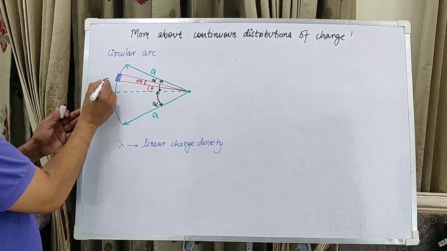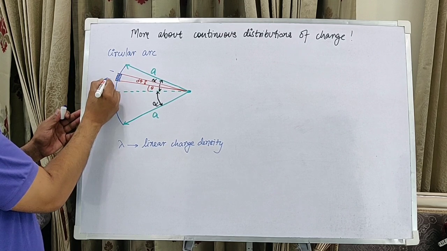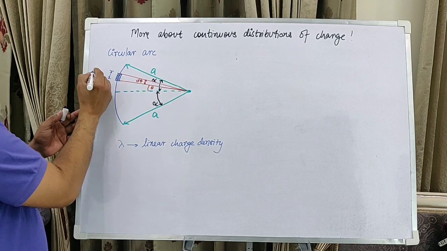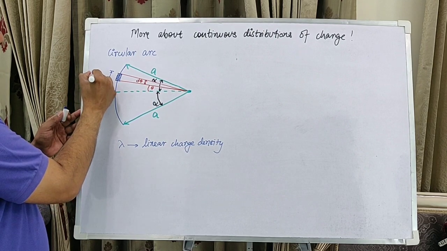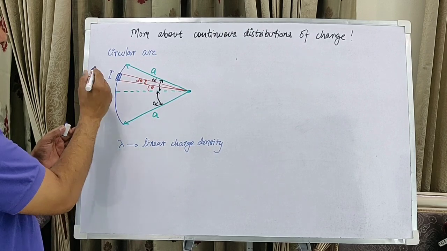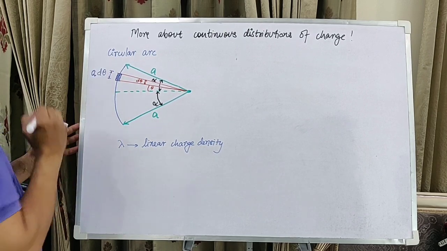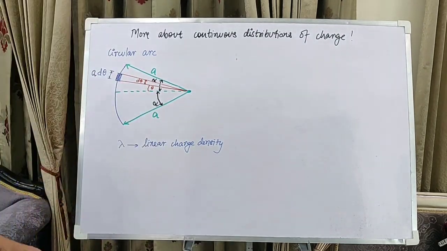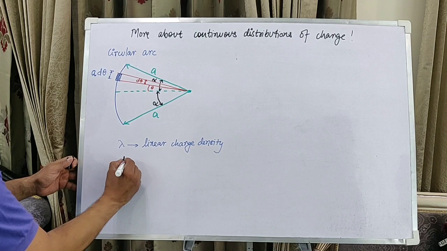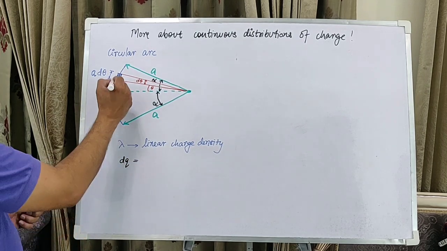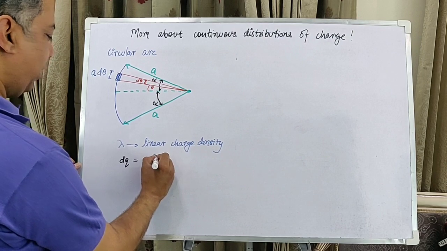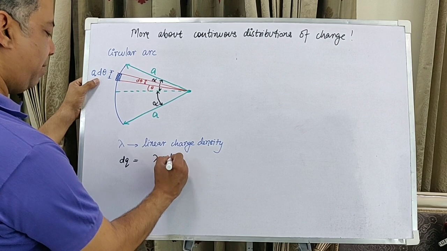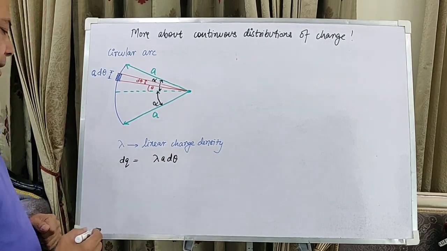Now the length of this element will be the radius A times the angle d theta, and therefore the charge dq on this element is going to be charge per unit length times the length of the element, lambda a d theta.